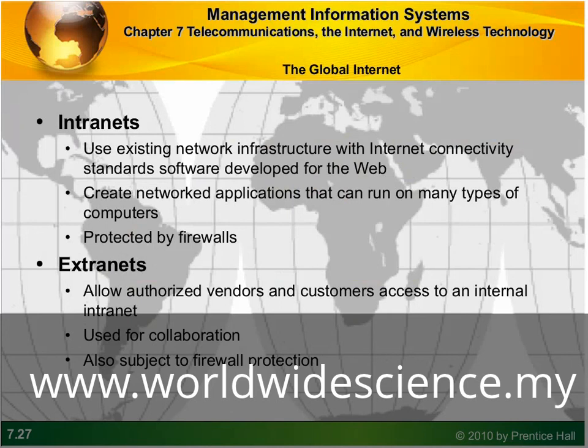And you need to know about the intranet and extranet. I think we already defined this. Intranet is the internal network of an organization. For example, it uses existing network infrastructure with internet connectivity and standard software developed for the web, to create network applications that can run on many types of computers, protected by a firewall. So the intranet concerns our internal computer network.